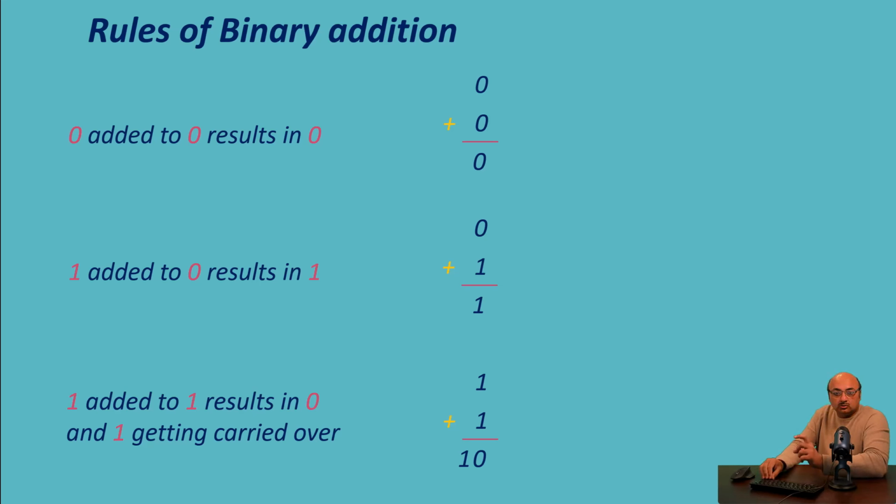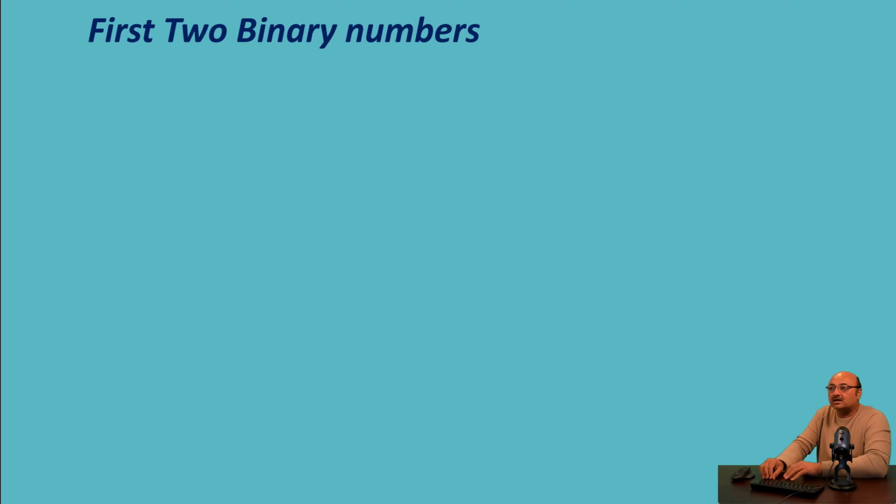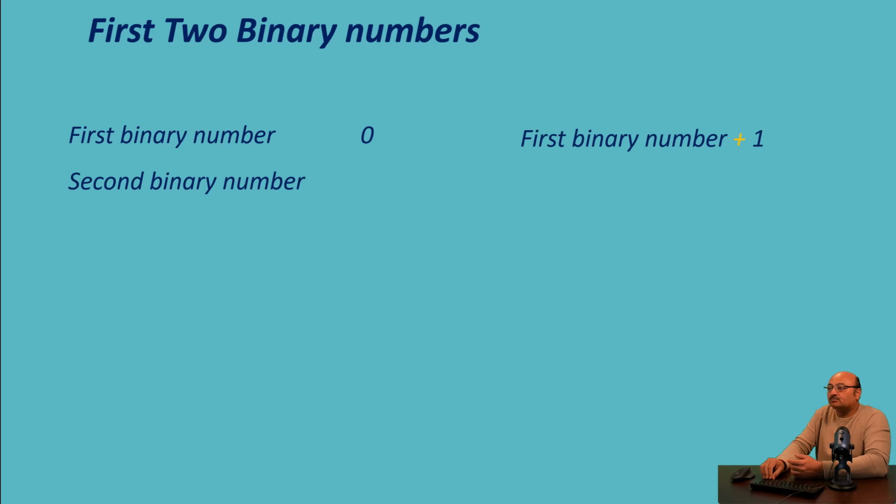Now using these rules, we will start deriving the initial binary numbers. Starting with the first binary number, which we already know is 0. To get the second binary number, we use the simple logic of adding 1 to it. 0 plus 1 gives us 1, and hence the second binary number is 1.